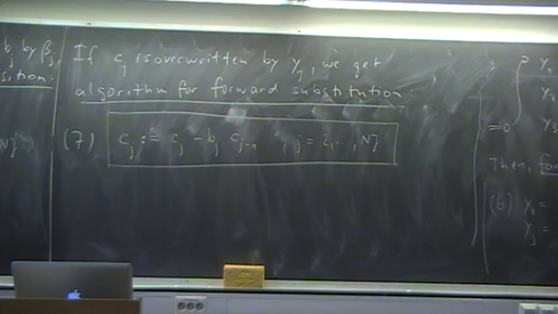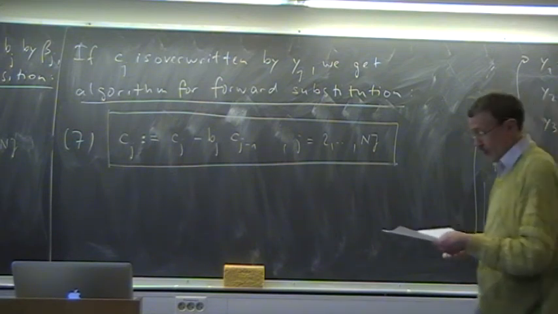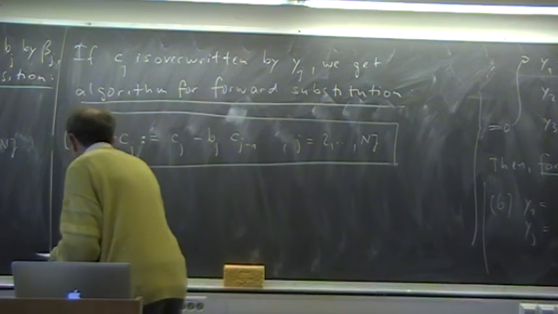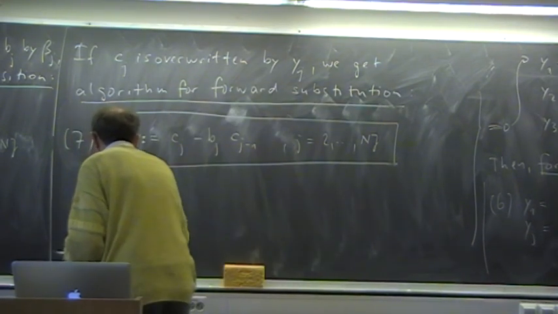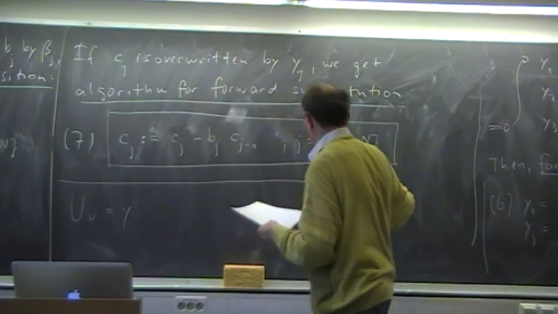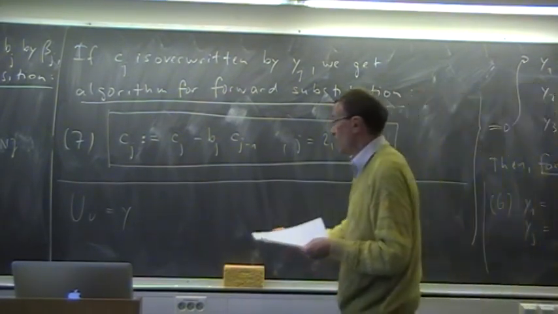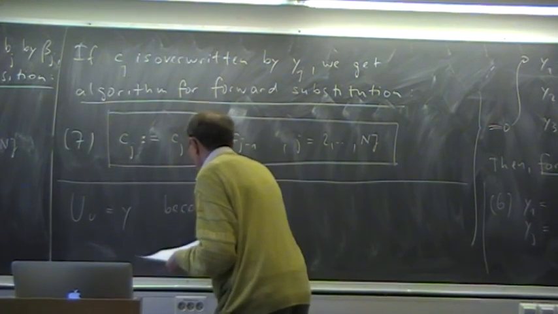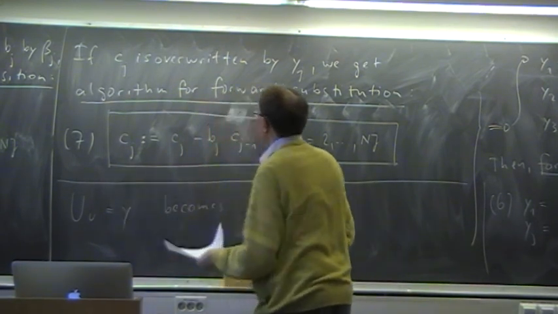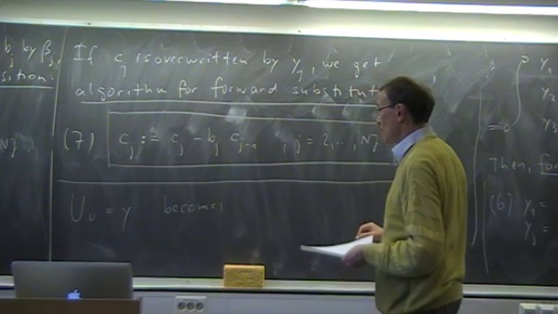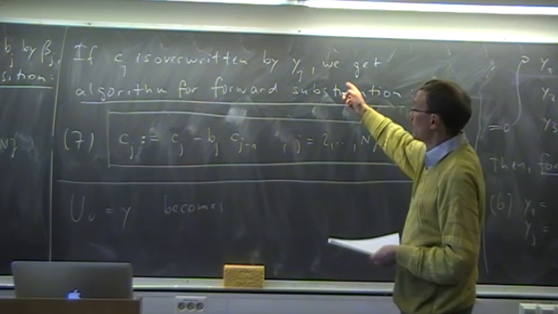And we can already look forward. What remains to be done is then to solve the problem u equal to y. So that is then to be solved. And in our case that becomes that problem because we have overwritten the y by the c.